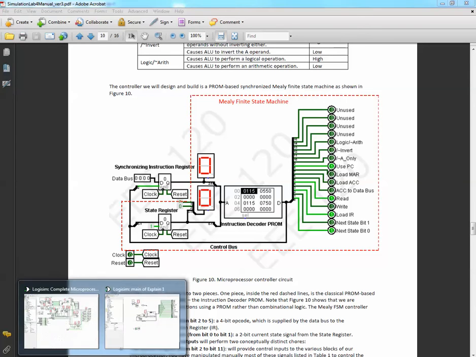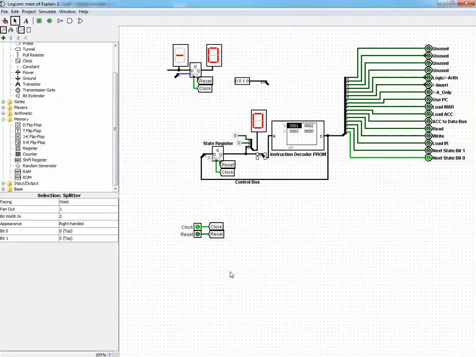Okay, so let's build a counter specific for this instruction decoder PROM. So this is the instruction decoder. This is what we have built, and we want to build its own counter. So what are we going to do? We have built the controller. This is basically the controller that we have. What we care about are these parts. These are the inputs that we have seen.